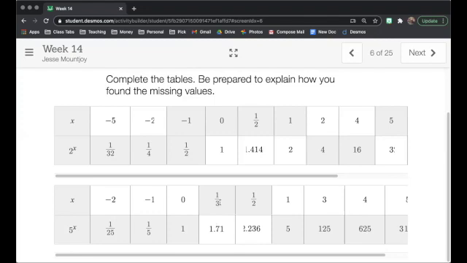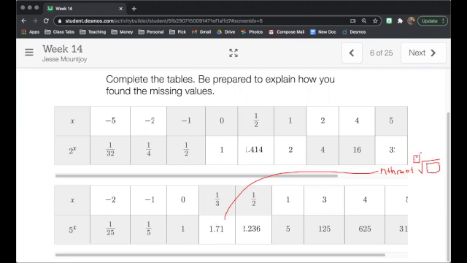The 1/3 is a trickier one to write out, so I just want to spell it out for us real quick. For this one, you're going to type in nth root, and that's going to give you something that has a blank right here and a blank right here.